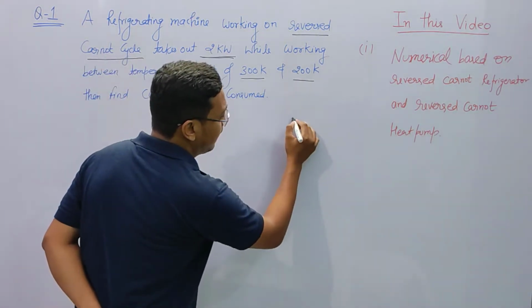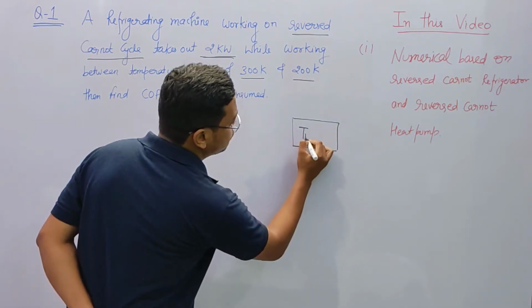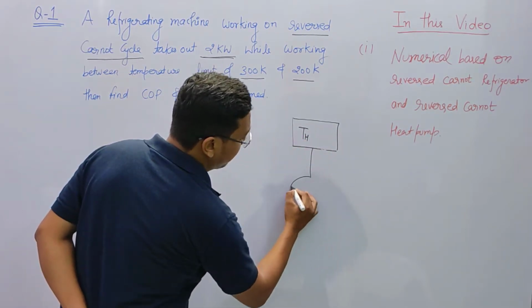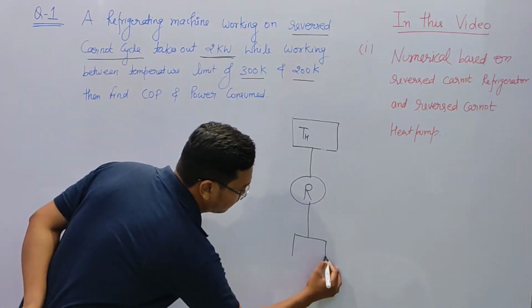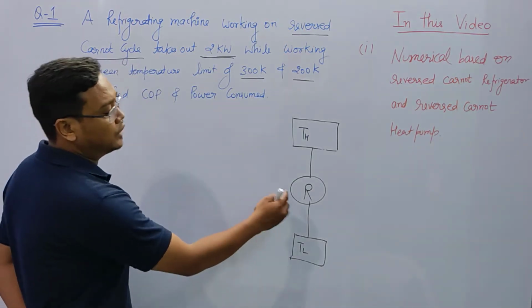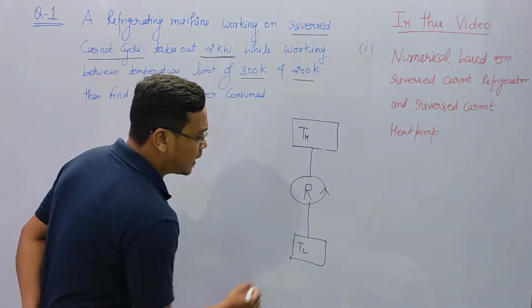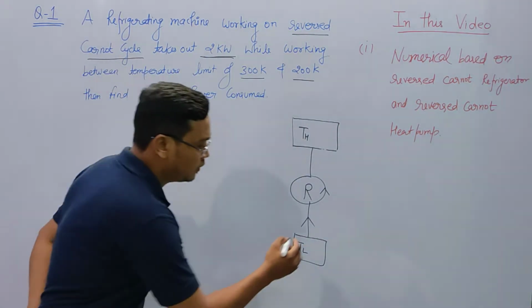So see here. This is TH and this is my refrigerating machine and this is TL. Okay friends, this refrigerating machine is taking heat. How much heat? 2 kilowatt.